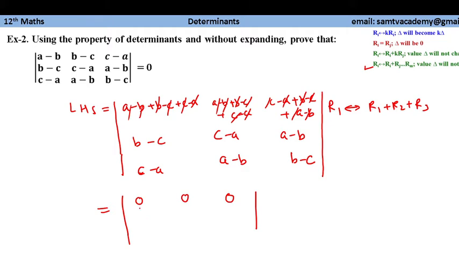So we write the determinant the same way, with the second row B minus C, C minus A, A minus B, and the last row C minus A, A minus B and B minus C. So this determinant will become 0, hence proved.